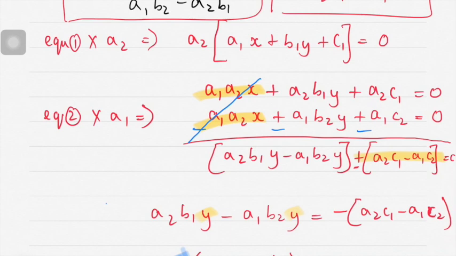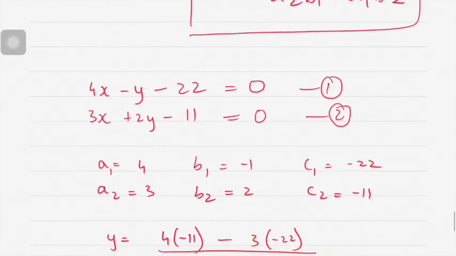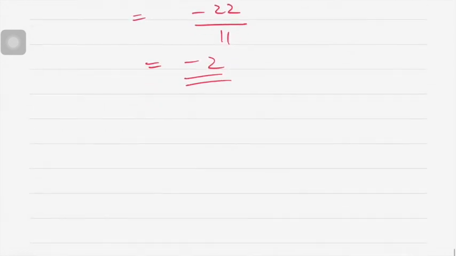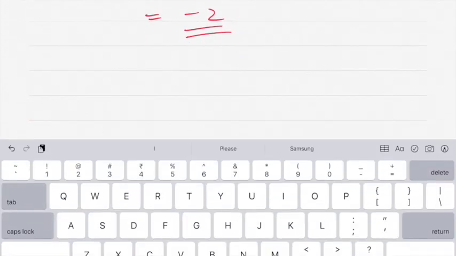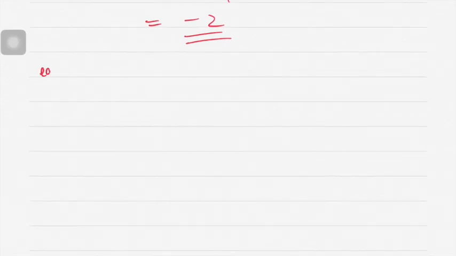So if you want to derive the formula of x, then what you will do is, you will multiply equation 1 with b2 and equation 2 with b1. Okay, let's do that also. When you do this, what will happen?